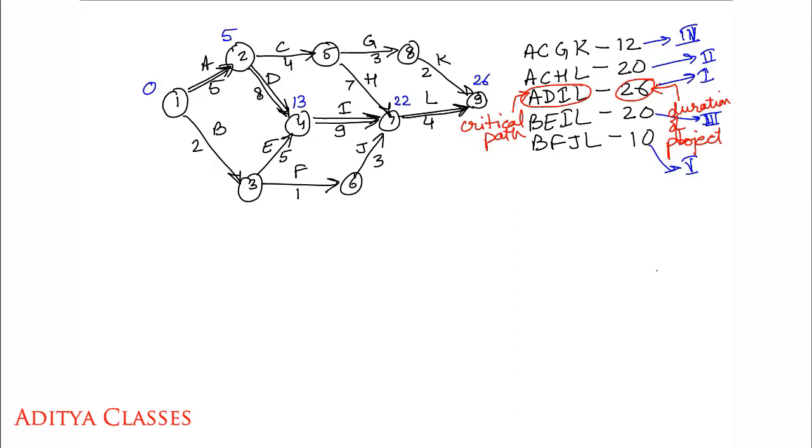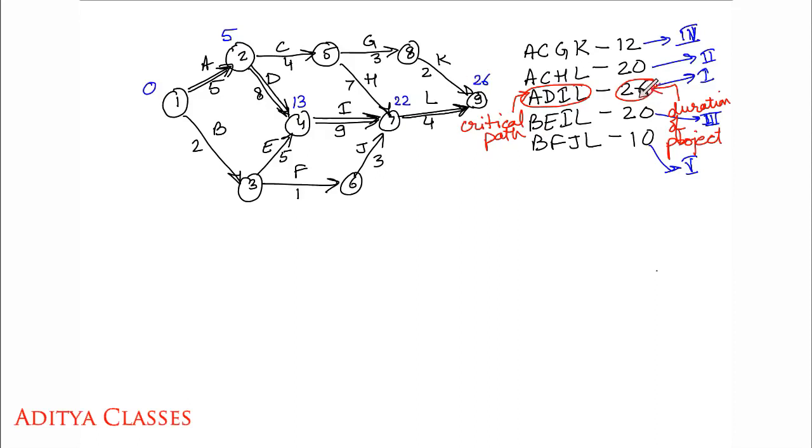What I have done is I have made a forward pass on my longest duration path. If I start at the earliest possible time, that is 0, I'll be here at 5; 5 and 8, 13; 13 and 9, 22; 22 and 4, 26. If I go with the earliest time without wasting any time, I can finish this task in 26 days.